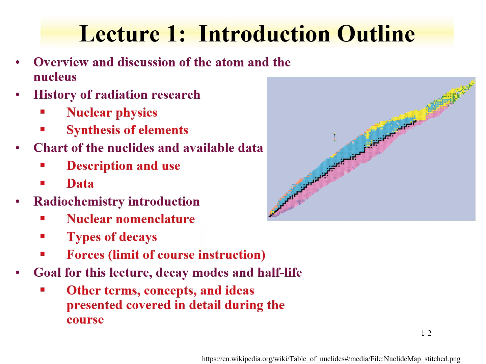And we'll also discuss the limit of the course, which really starts to abut high energy nuclear physics. The goal for this lecture is to really have an understanding of decay modes and comprehension of half-life. Other terms, concepts, and ideas outside of decay modes and half-lives will be presented in this lecture and discussed in further detail later in the course.